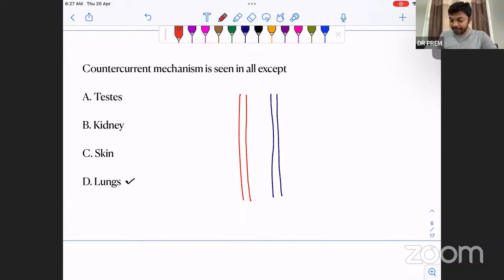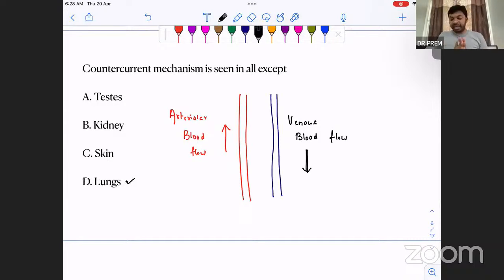So let me take up arteriolar blood flow that happens in one direction. And let's take up venous blood flow that happens in the other direction. So this is the basic logic behind a countercurrent blood flow, doctors.